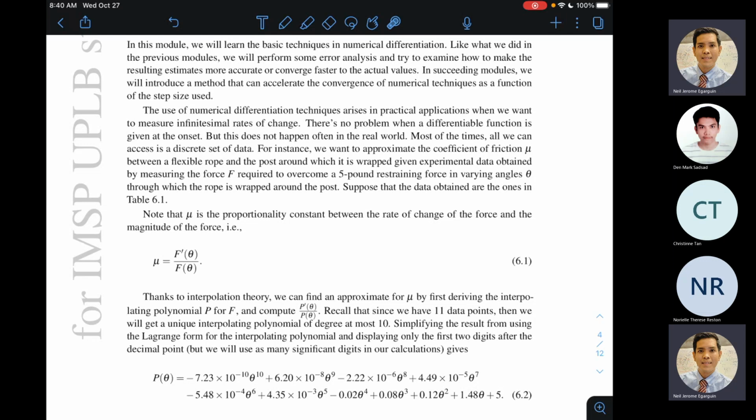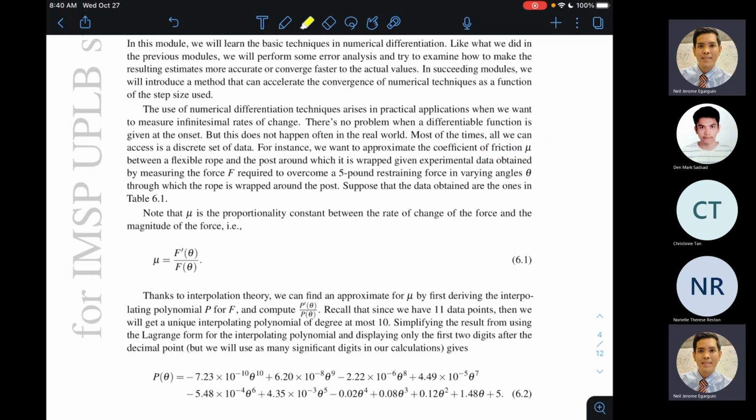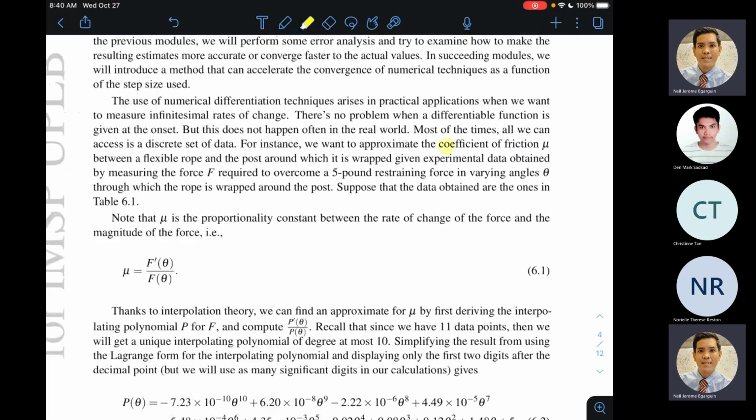So, for instance, gusto nating computein yung coefficient of friction between a flexible rope and a post around which we wrap a 5-pound restraining force.